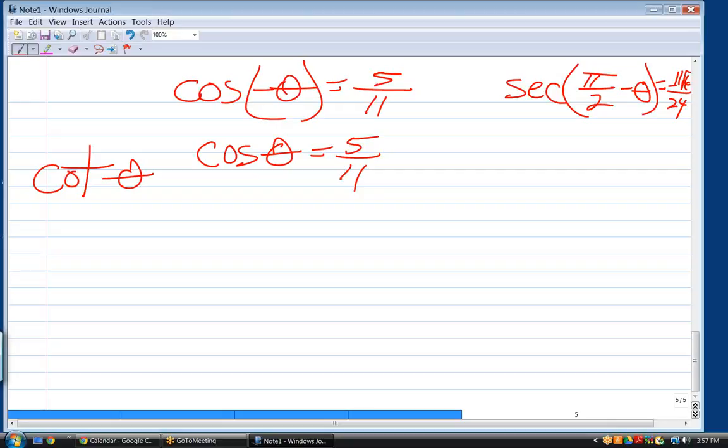I like the second step is to draw the triangle. Let's not even worry about what quadrant we're in yet. As soon as you start worrying about what quadrant you're in, you're tempted to draw it as a reference angle like that. I don't like that method. It's more confusing. So the first thing is to just draw a right triangle and do what?